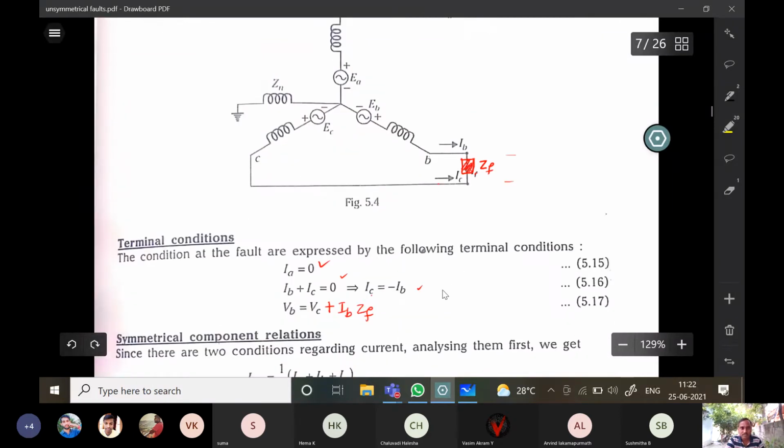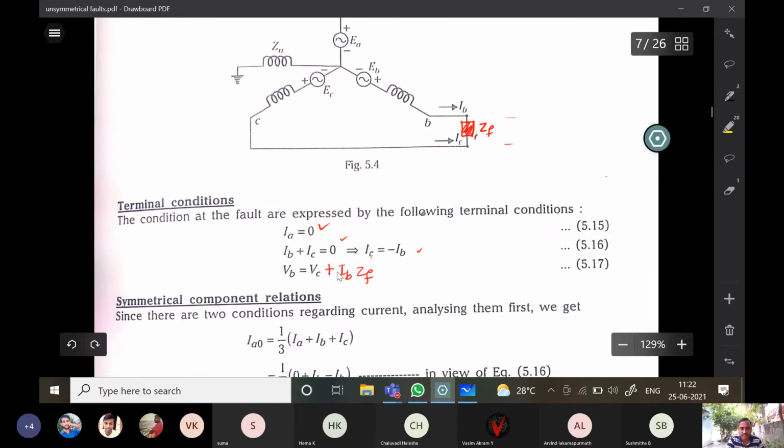These are phase voltages, and we are writing the terminal conditions directly here. First write the terminal conditions. Instead of IB, IC can also be written, which is in the opposite direction, so you can take minus.